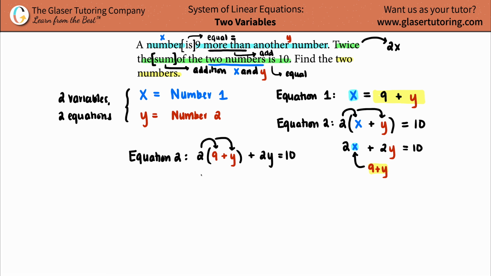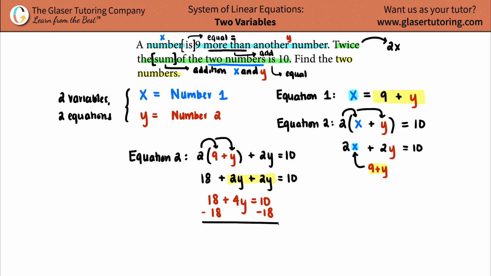So this is going to be the same thing as 2 times 9, which is 18, plus 2y equals 10. I guess we can simplify. We got 2y's over here, so that's 4y. So we can say 18 plus 4y equals 10. And now get the y's by itself, so I'm going to minus 18 on both sides.